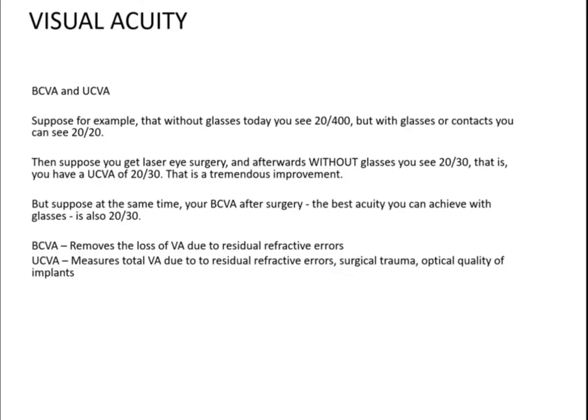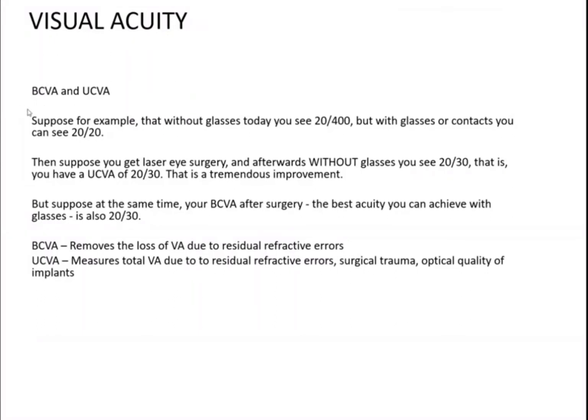So, for example, if the incorrect lens power is used, the visual acuity can be affected by the refractive error. So that may not give you the actual performance of the lens. So you may want to use the best corrected visual acuity to get a better idea about the performance of the lens.